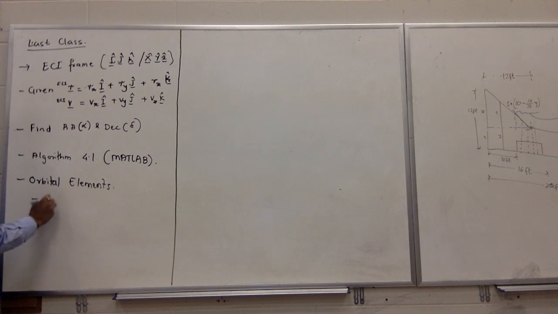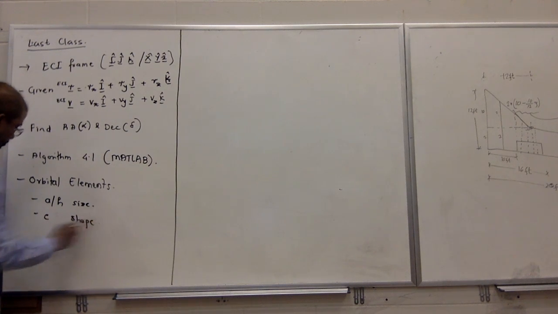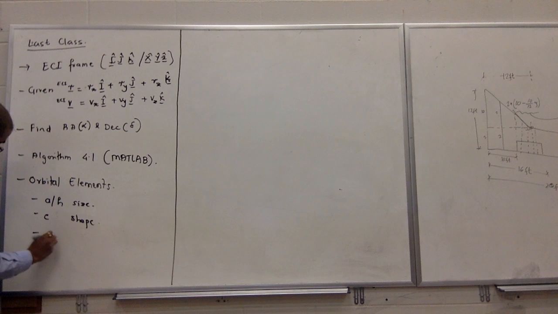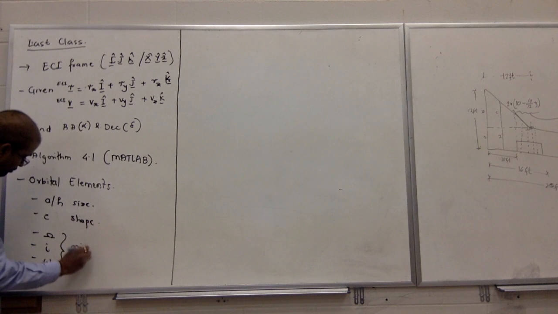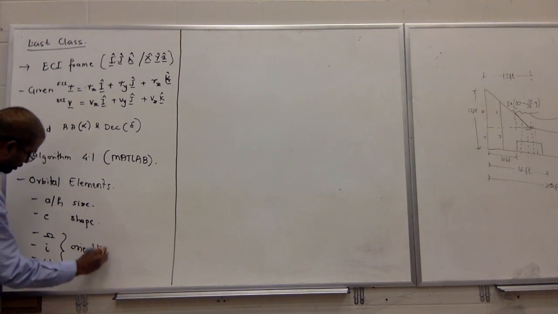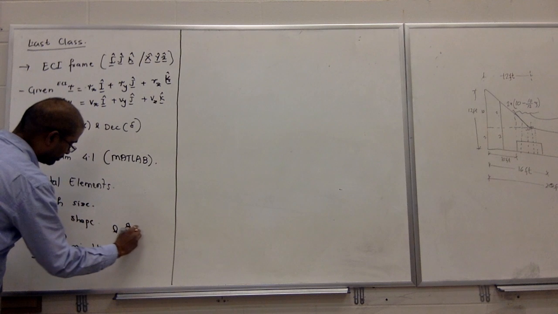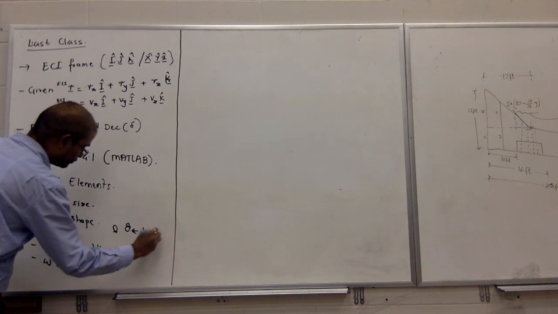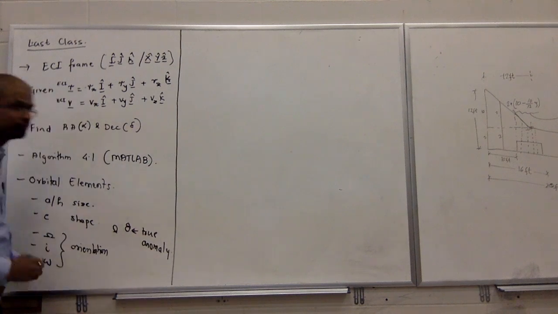We have a or h defining the size, e defining the shape, and then you have cap omega, i, small omega, which define the orientation, and you have theta. You remember this?